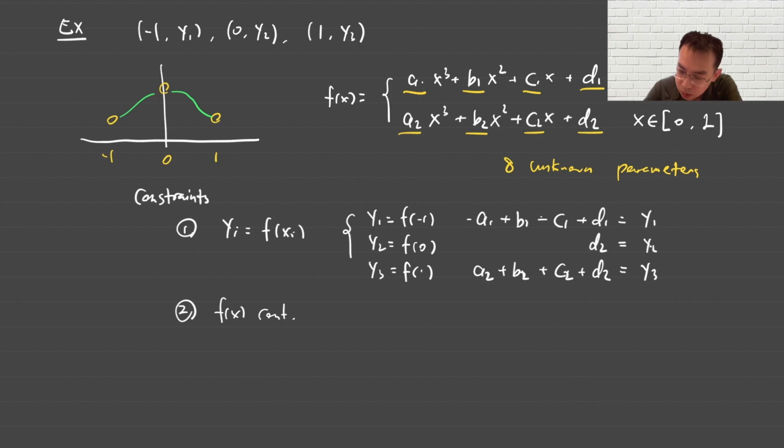That means at this 0 point, we need to make f continuous. So this means d1 equals d2. And then the next constraint is that f prime of x needs to be continuous.